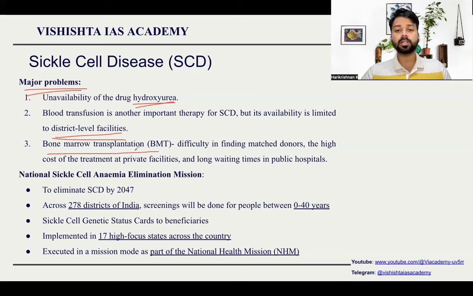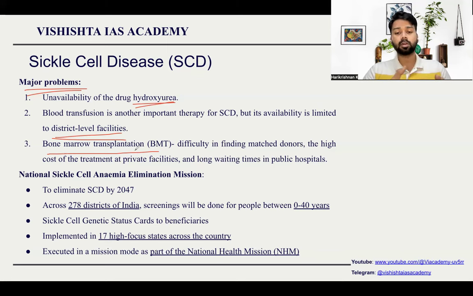Bone marrow transplantation is considered to be the final treatment for sickle cell disease, where the bone marrow cell will be taken from a donor and then it will be placed in the recipient, and the bone marrow will produce cells with proper RBCs and not sickle blood cells.